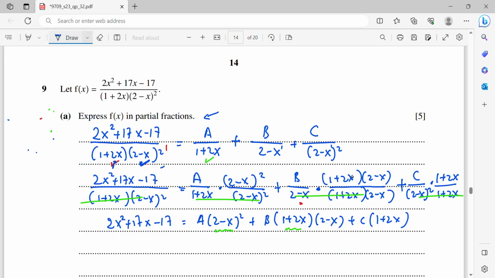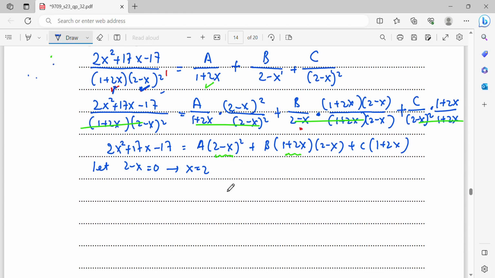So I will let 2 minus x be 0. Which means for the left hand side, 2 minus x be 0 means that your x is 2. I have to find the x values first. So now you have to substitute these into the previous equation. So I will get 2 bracket 2 squared plus 17 times 2 minus 17.